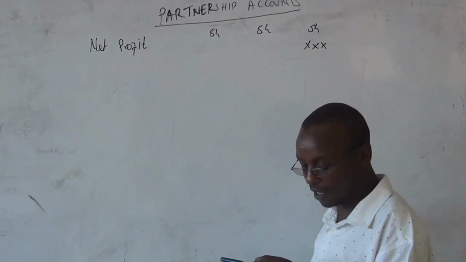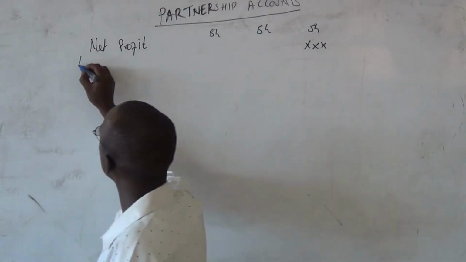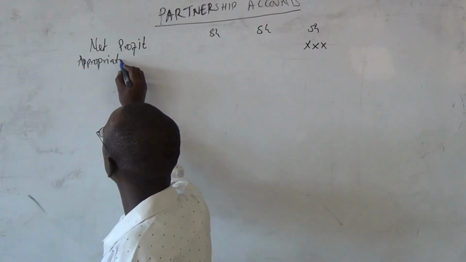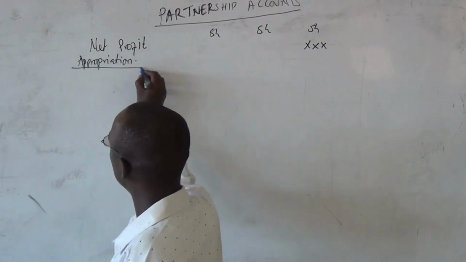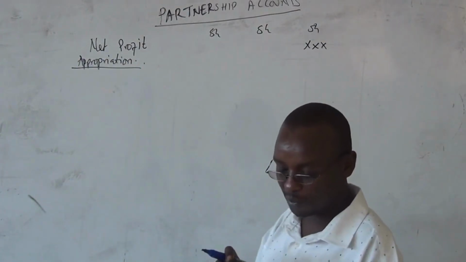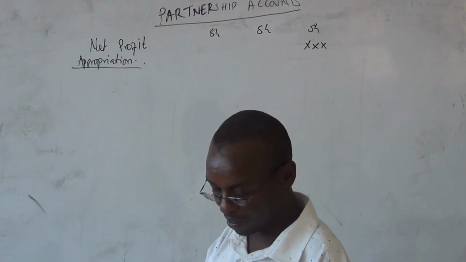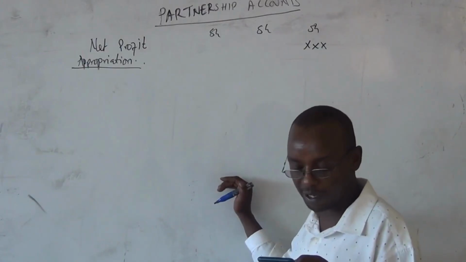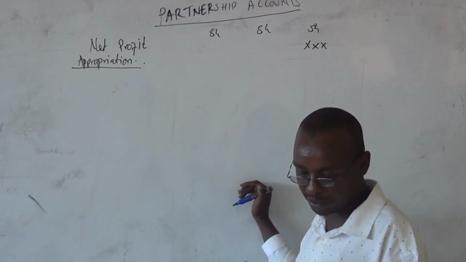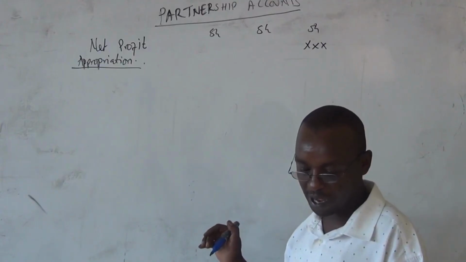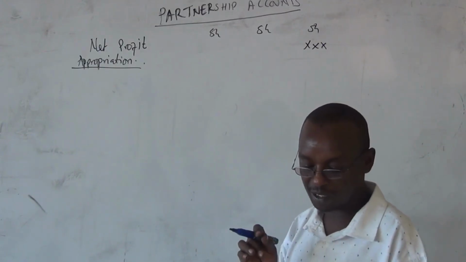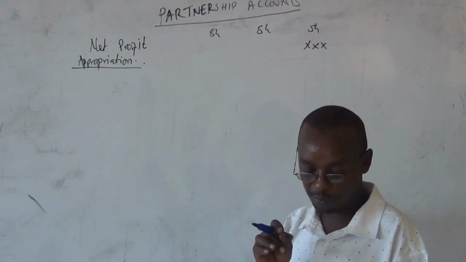Then we go ahead and do the appropriation. The appropriation account is an extension of the statement of comprehensive income, showing how the partnership profit was shared, and arriving at the amount that the partners will take home.